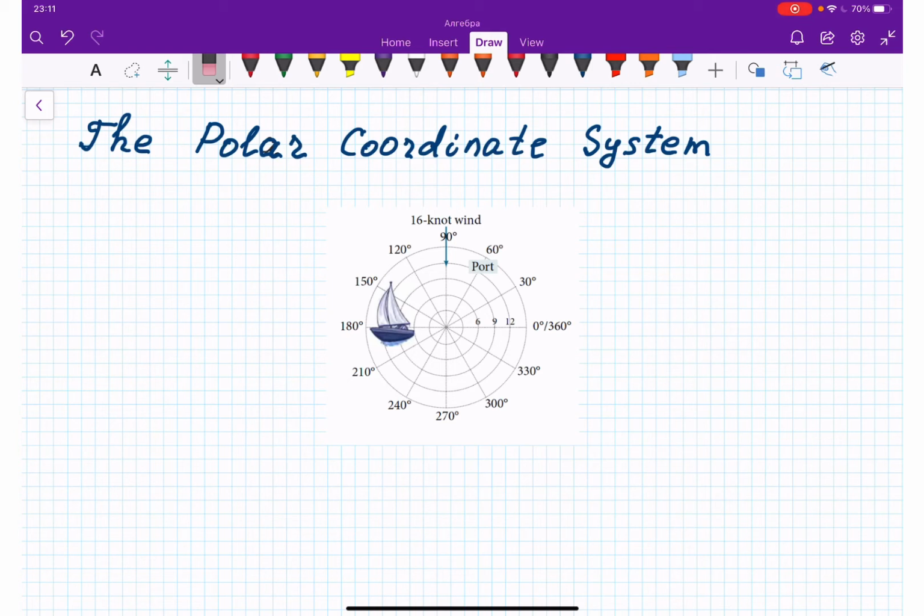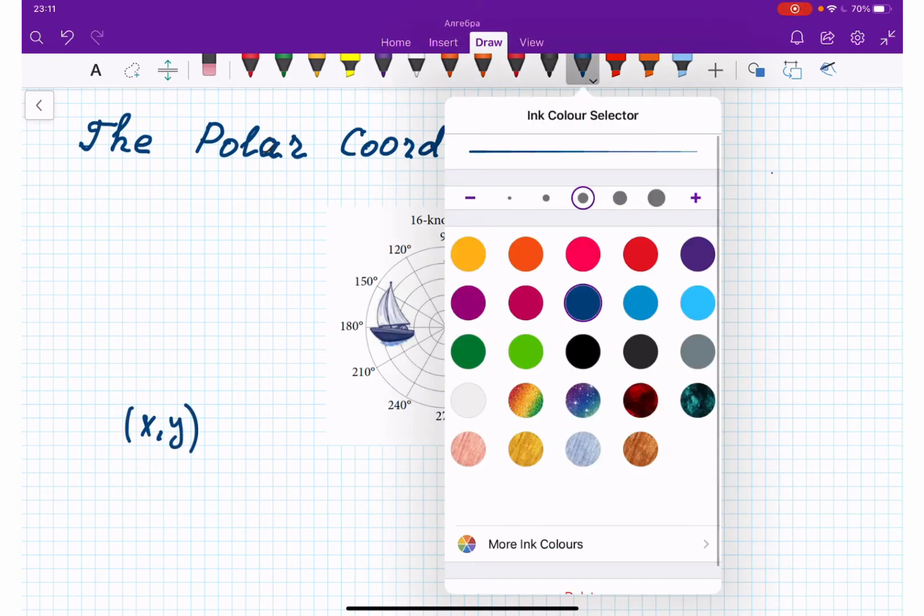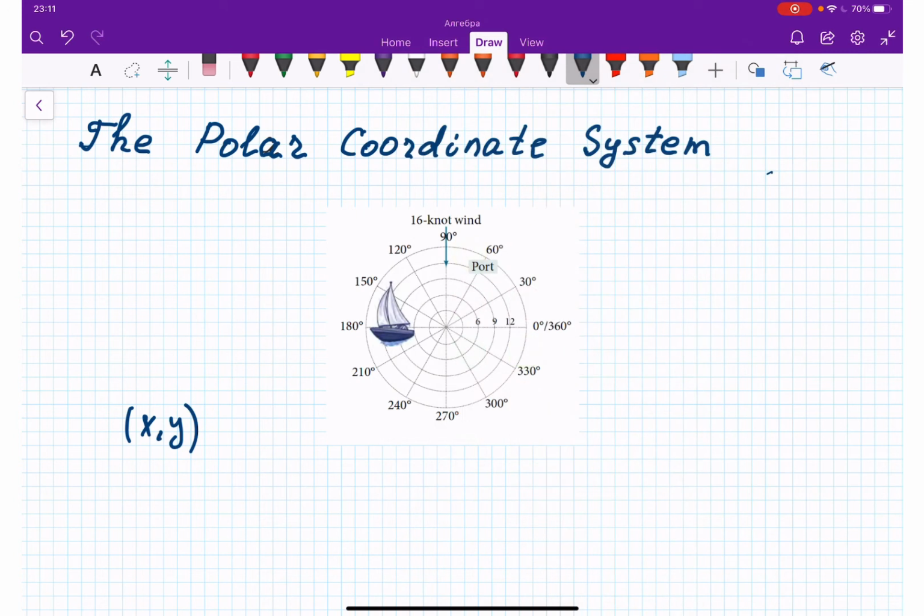So let's understand what polar coordinates are. So far we have worked in the rectangular coordinate system, where we can address any object by pointing x and y of the object, right? Which is the address of the object. Okay.